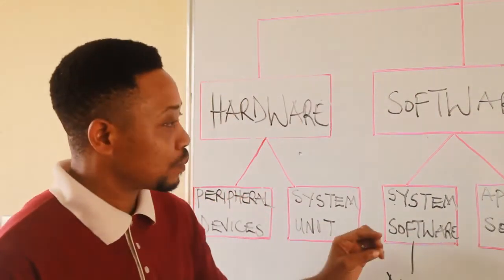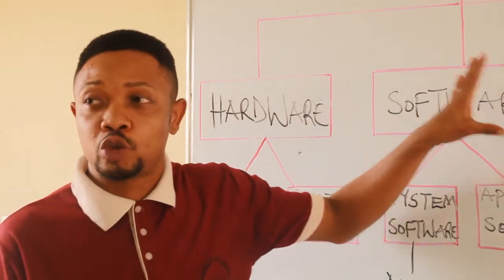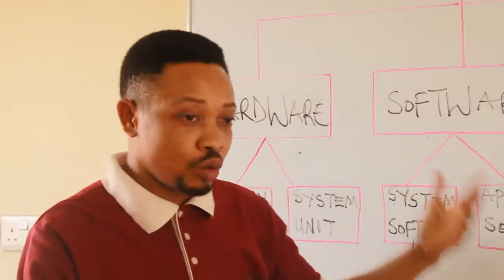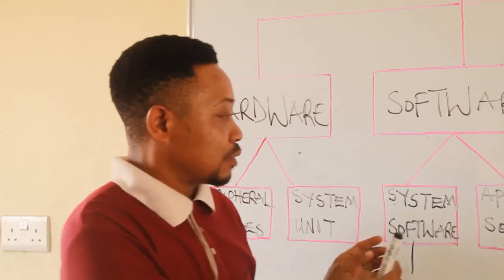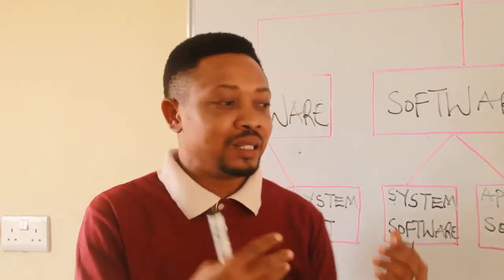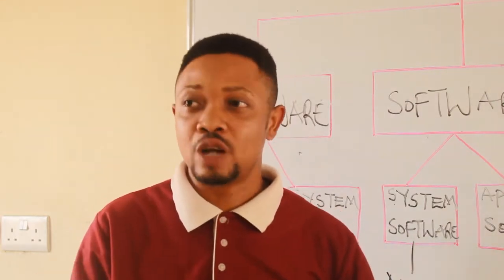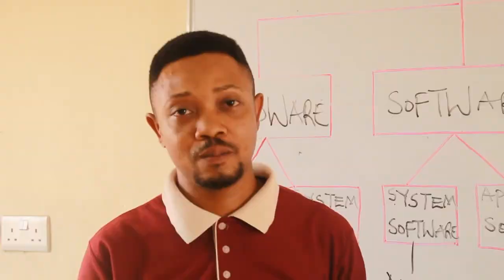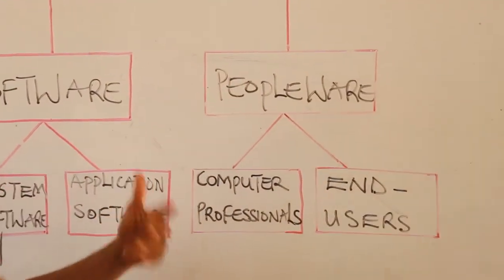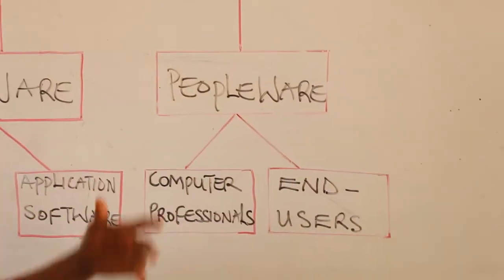Now, after the software, which we said is a system software, and there's an application software which helps to run the system, these two on their own are useless without someone using them. The last of the components of the computer system is the peopleware.